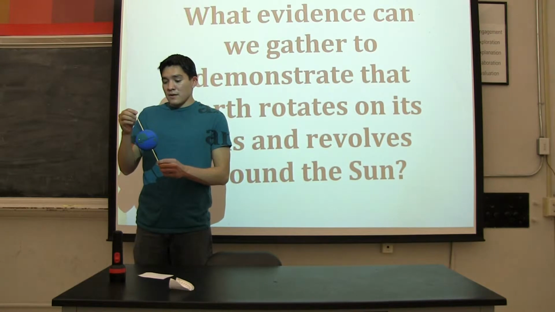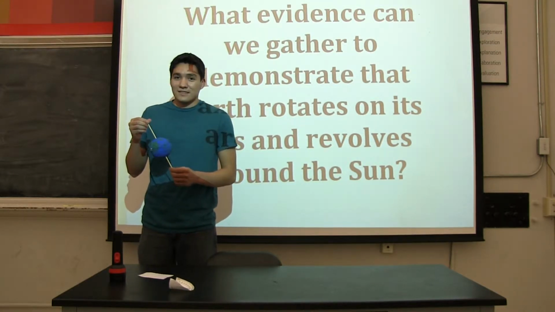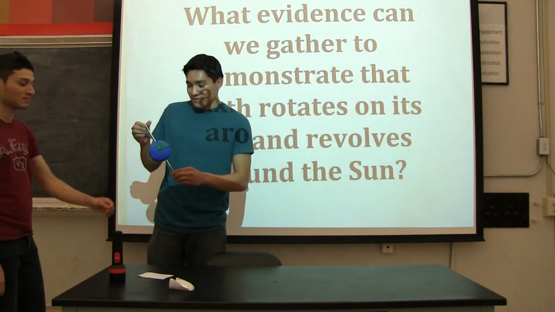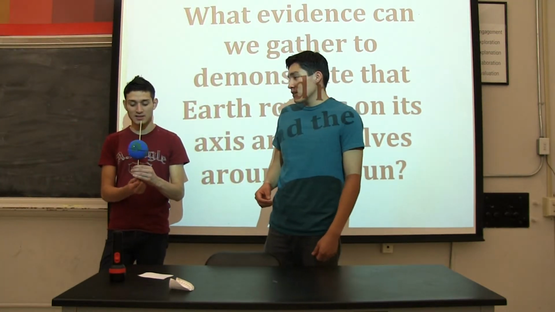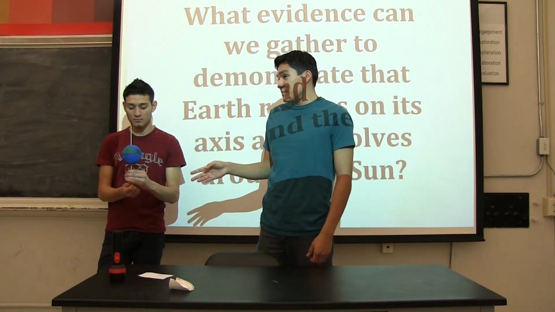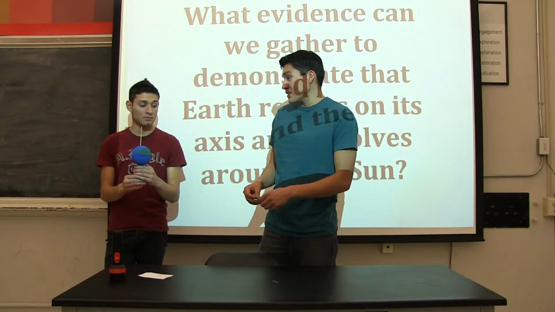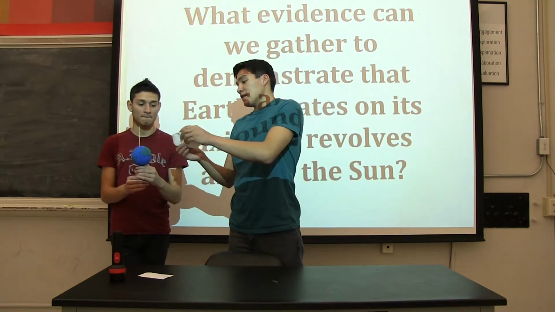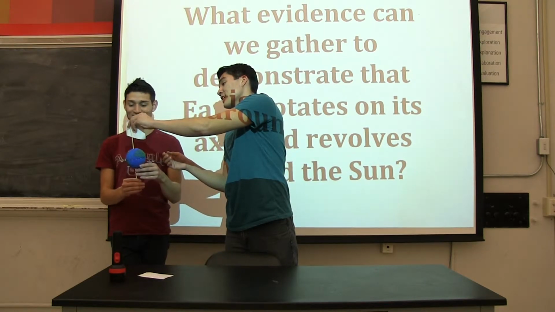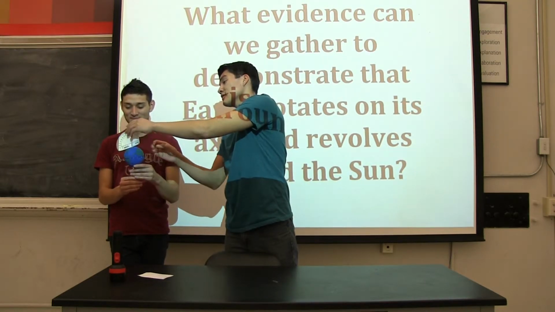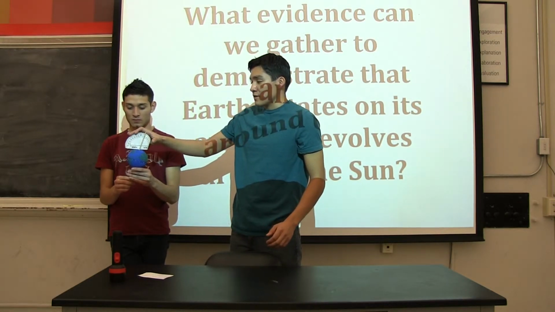Can someone else come up here and demonstrate it spinning on its axis? Spinning on its axis. Okay. So right now, it is spinning on its axis, but an even more accurate representation would be if this down here, at which the Earth is at 66 degrees, or it could be 23 degrees, but we're going to use 66 right now.